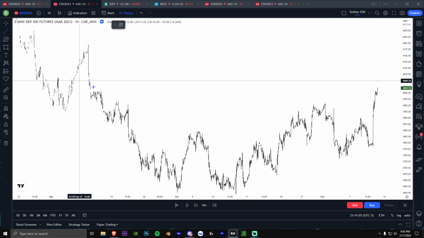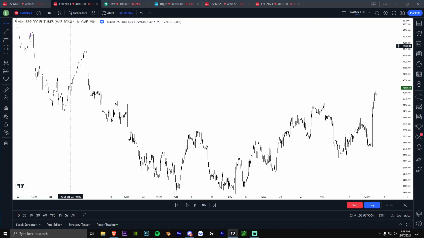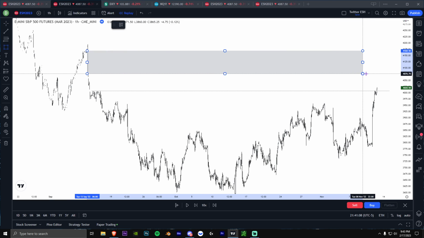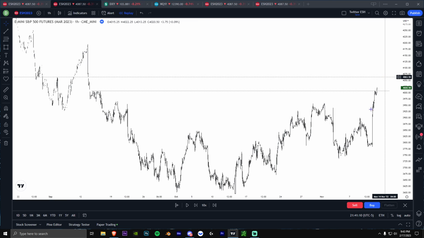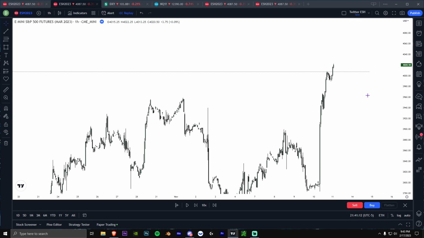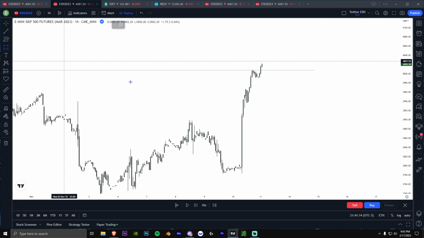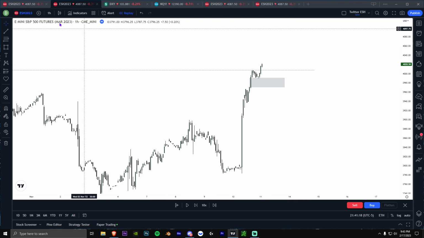So hourly, got these equal highs, got this giant fair value gap. I would not be long here. I see this fair value gap right here. I would definitely not be long right here. So now I'm just going to go to 3 minute, watch what happens. I can't.